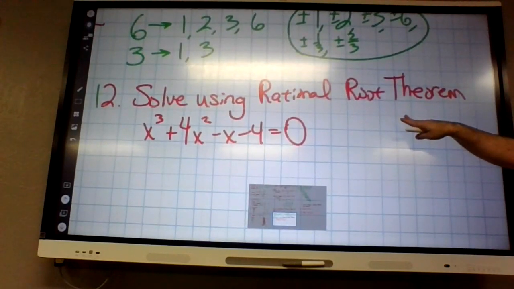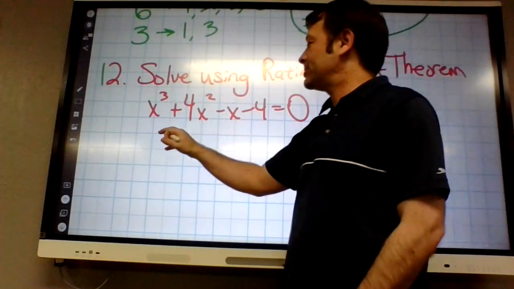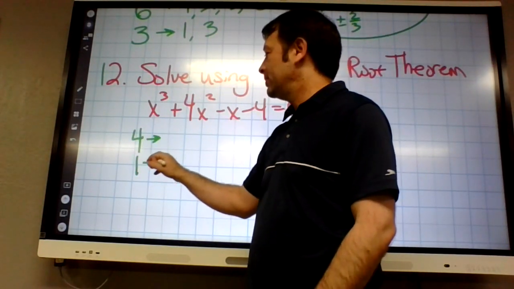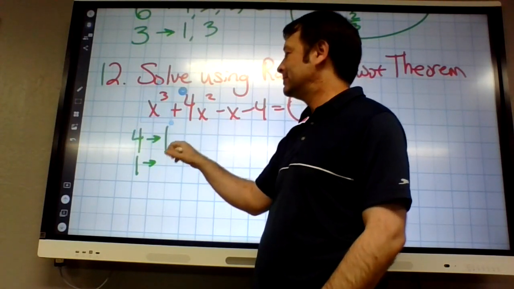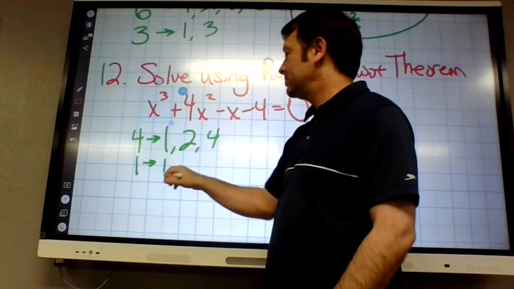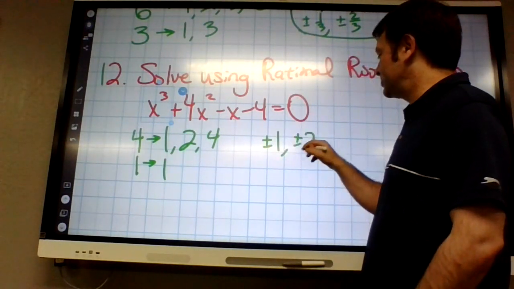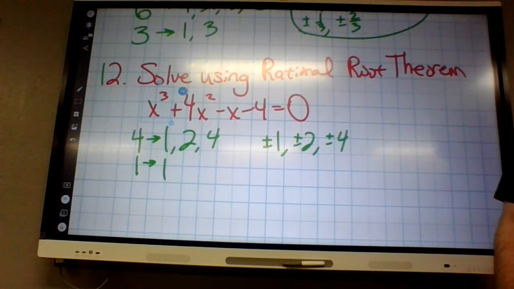So we're starting like number 11. What are the possible rational roots, and seeing which ones work. So factors of 4 over factors of 1. This one's a little bit easier. Plus or minus 1, plus or minus 2, plus or minus 4. And how do we figure out what actually works?